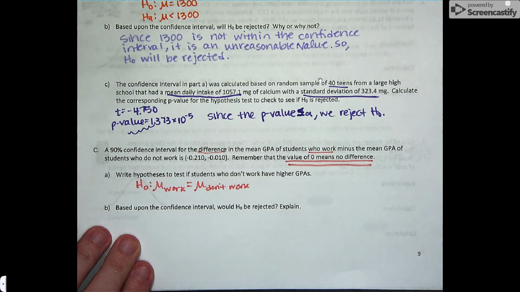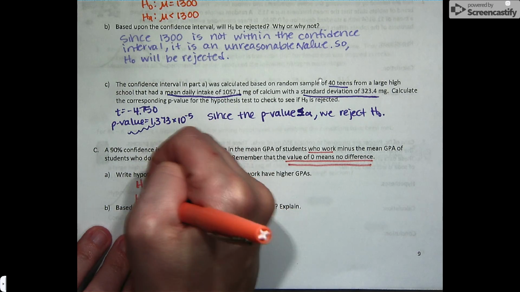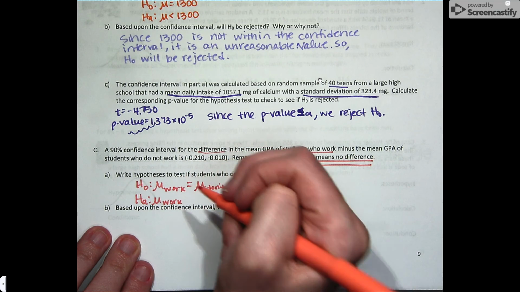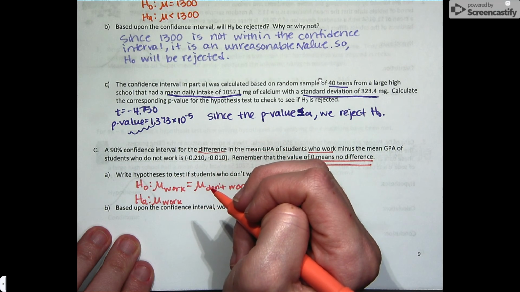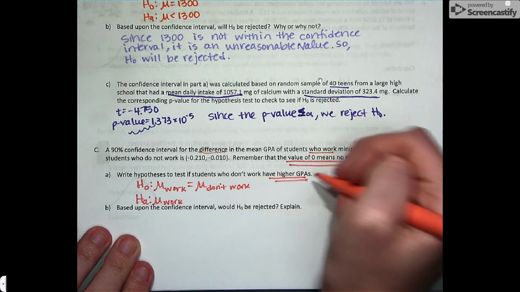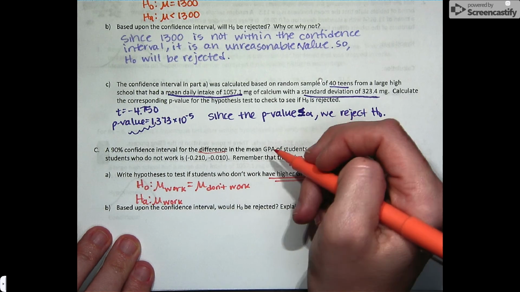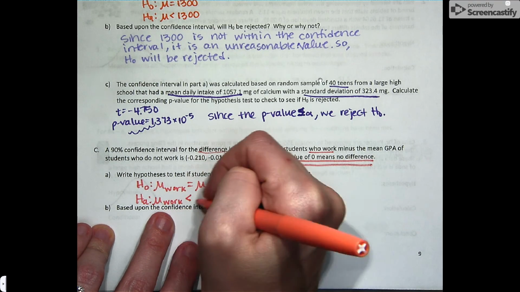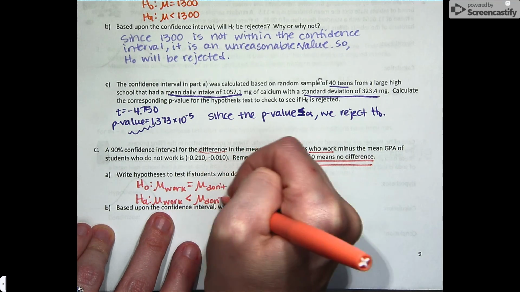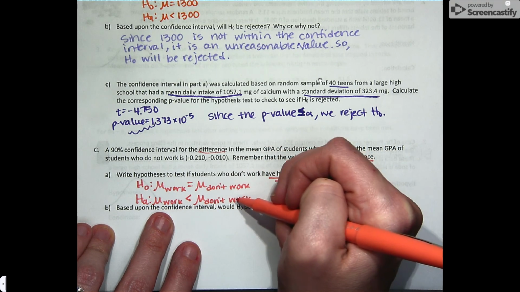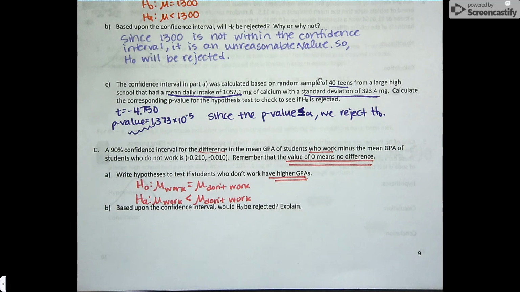That's what we assume to be true. The alternative, what they were trying to show, is that there is a difference. In this case, they want to show that students have a higher GPA if they don't work. So the mean GPA of students who do work is less than the mean of the students who don't work. It means the don't workers have higher GPAs.